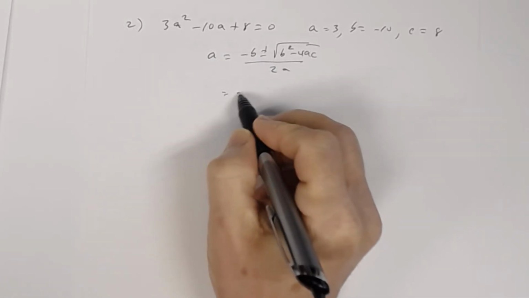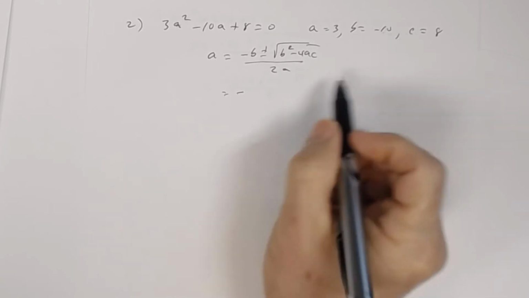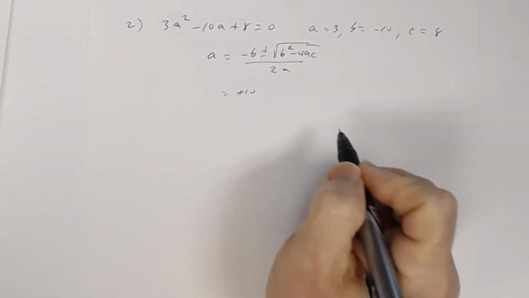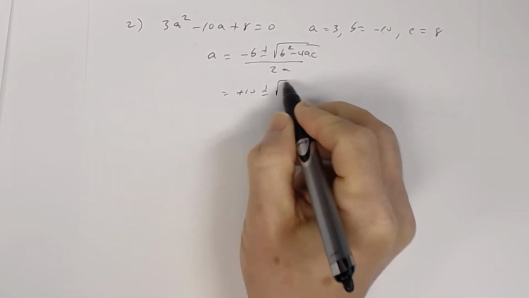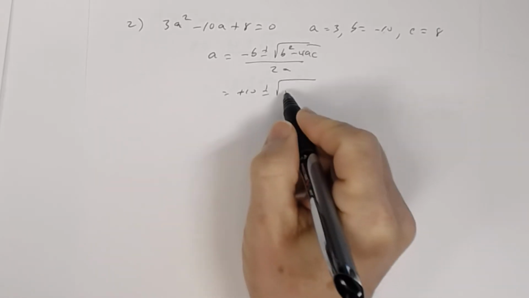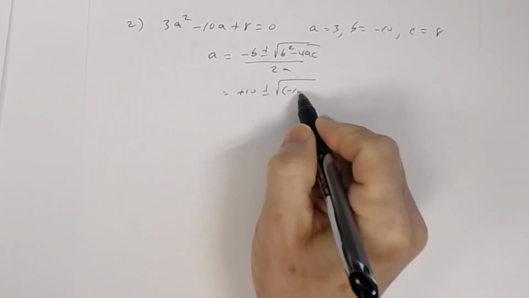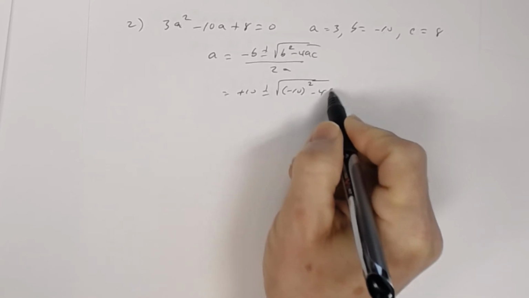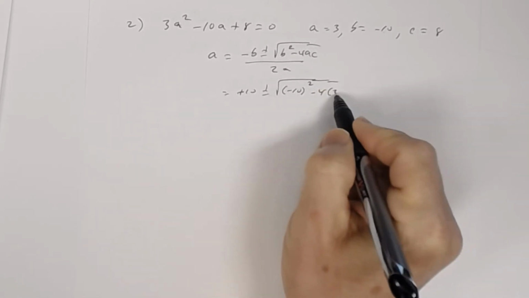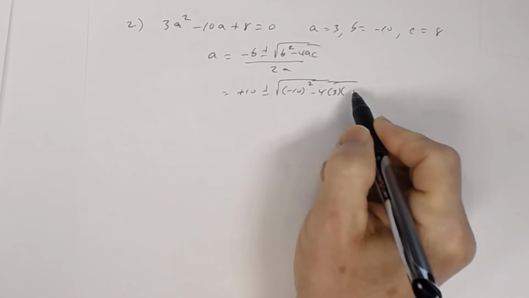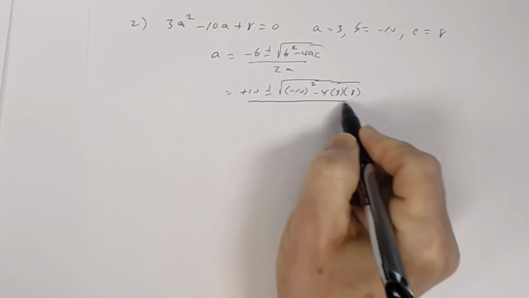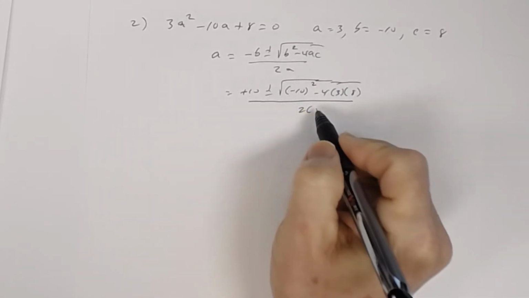So you're going to get the opposite of b. So the opposite of negative 10 is a positive 10. So this becomes positive 10, plus or minus the square root of, now remember, use parentheses here. So b, which is negative 10, squared, minus 4 times a, which is 3, times c, which is 8, all divided by 2 times a, which is 3.